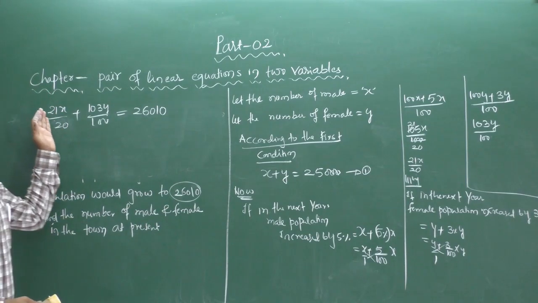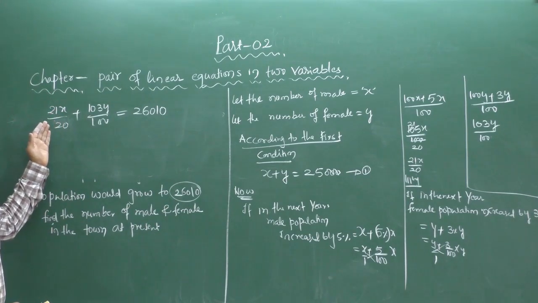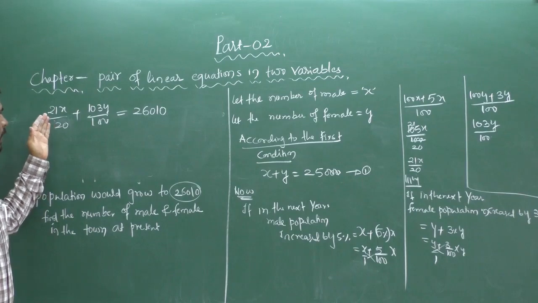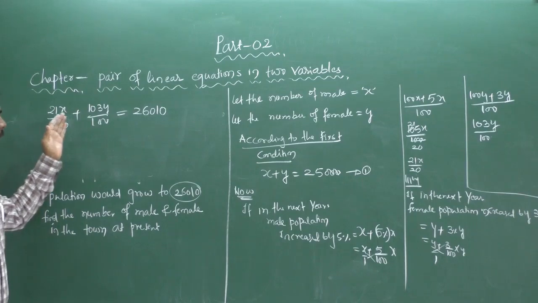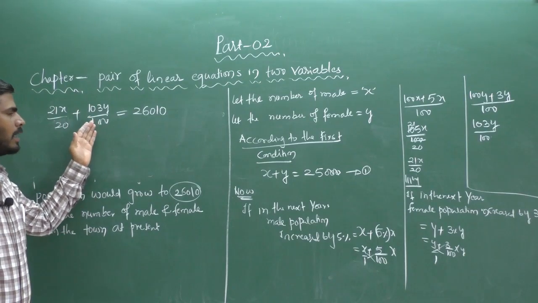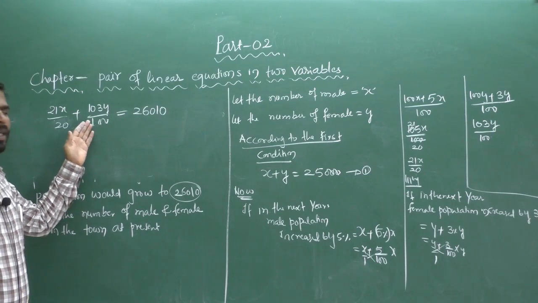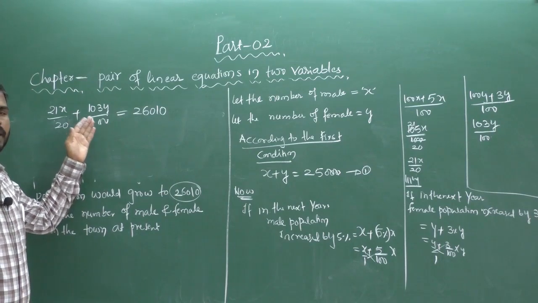So this is after next 1 year the male population is increased by 5%, and this is after 1 year the female population is increased by 3%.